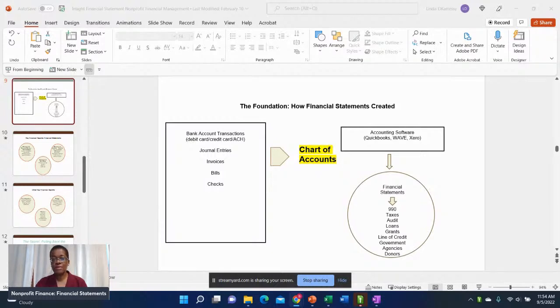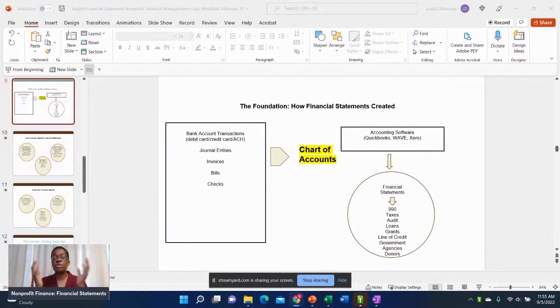So you have the chart of accounts, and then you have your accounting software. That accounting software basically spits out the financial statements. If you are using accounting software such as QuickBooks or Wave or Zoho, if you picture it, you have your chart of accounts, and then you have all of your bank transactions, your credit card transactions, journal entries that your accounting professional performs, your invoices and your bills.